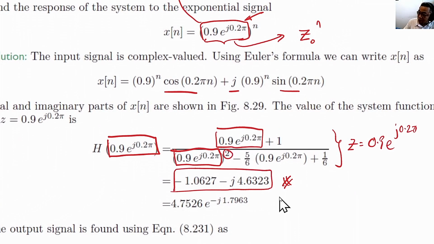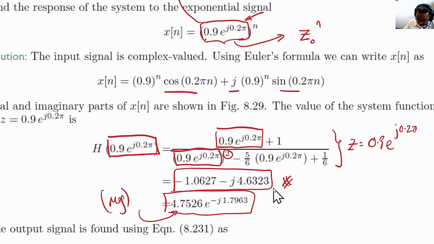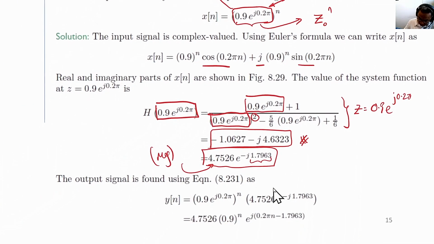Typically, we don't like the number to be in rectangular form. We want it in polar form because it will tell us the magnitude that we introduce to the signal as well as the phase. We take this magnitude and phase and multiply it by the original signal, z0 to the power of n. Its magnitude will be changed by this, and its phase will be changed by this.